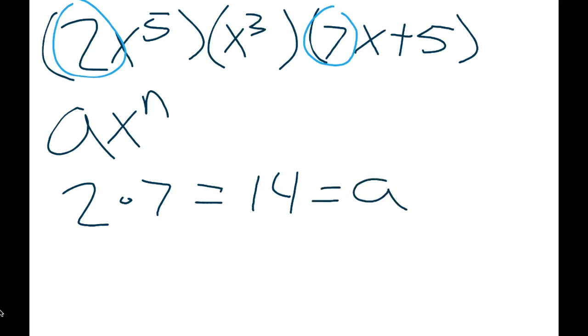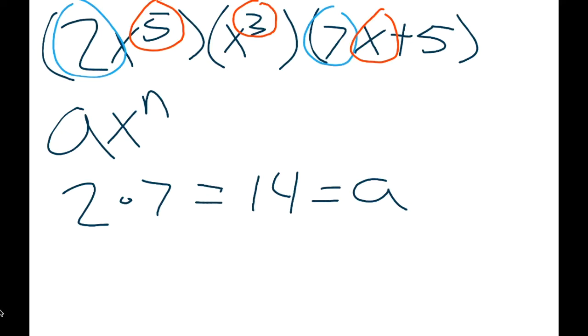In order to find our x to the n, we have to multiply our exponents, which in this case are x to the 5th, x to the 3rd, and x to the 1st. When multiplying exponents, you only add them. We learned that in our laws of exponents.